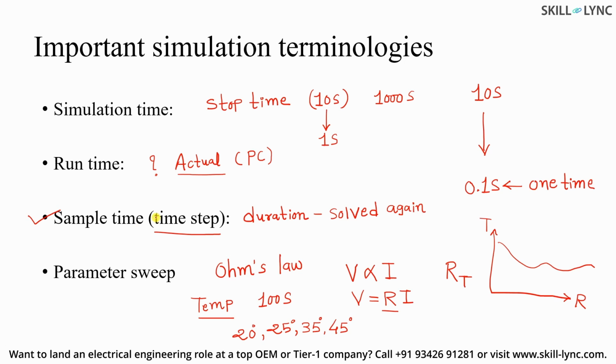So these are four important simulation terminologies. We will learn how it can be built. We are going to learn about how this parameter sweep can be taken care of in the simulation. Basically what we are going to do here is, how do we change a parameter which is not fixed while the simulation is running, and that is called a parameter sweep.